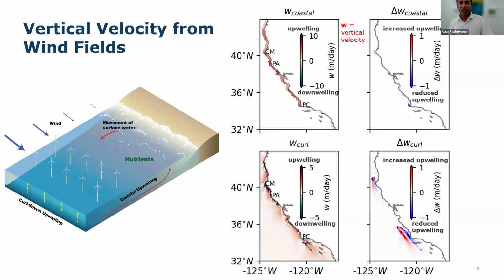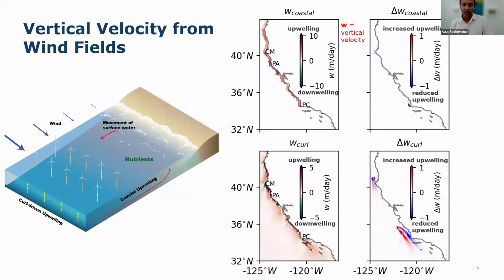We see very little change in the coastal upwelling portion of the vertical velocities. But if you look at the lower right panel, which is the curl-driven portion, we see this dipole effect, which Sarah also mentioned in the previous talk. This dipole tells us that there's a reduction of curl-driven upwelling on the inshore side of the wind farm, and an increase in curl-driven upwelling on the offshore side of the wind farm.